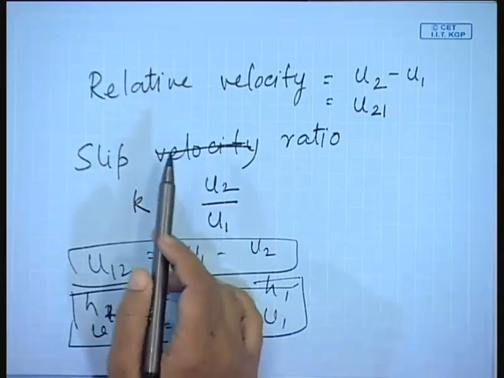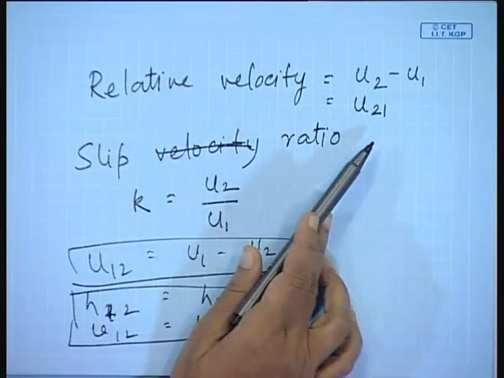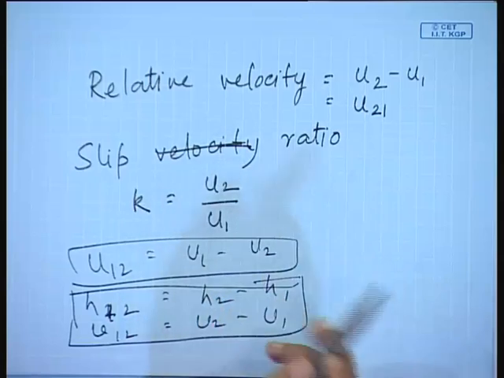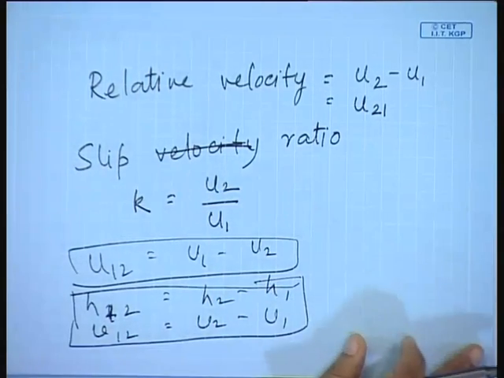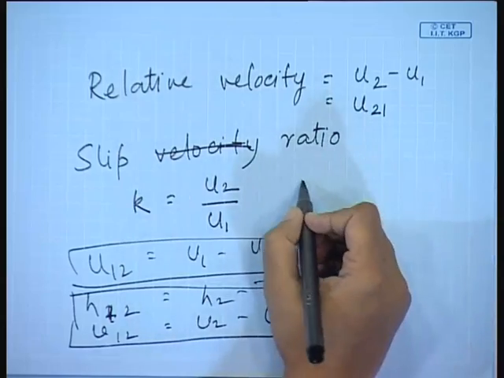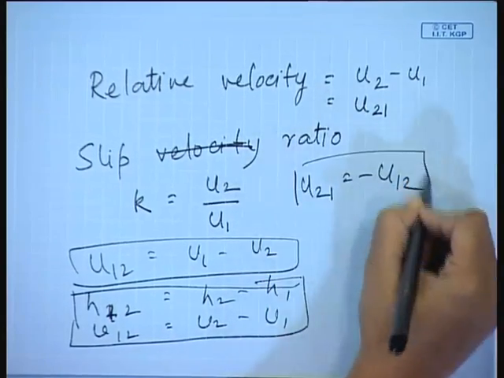Okay. So, the two other terms which I had wanted to define, one is the relative velocity, other is the slip ratio. These two are again very important. And we already know that u21 equals minus u12.